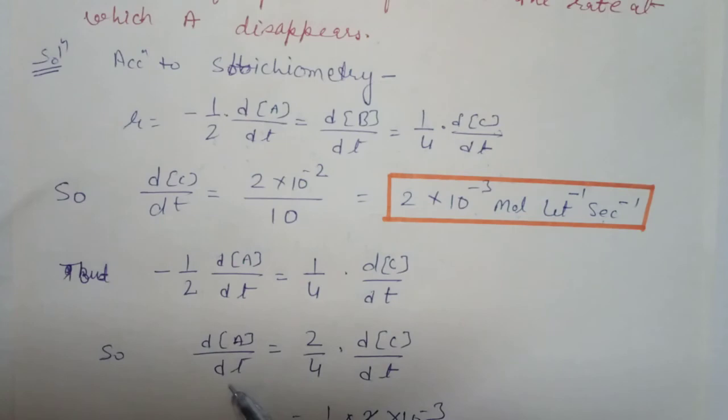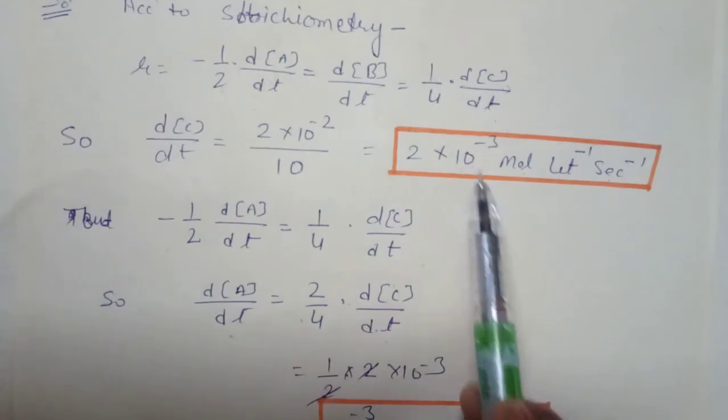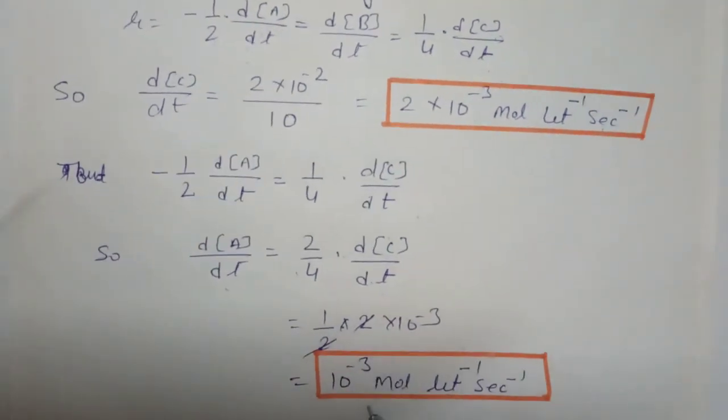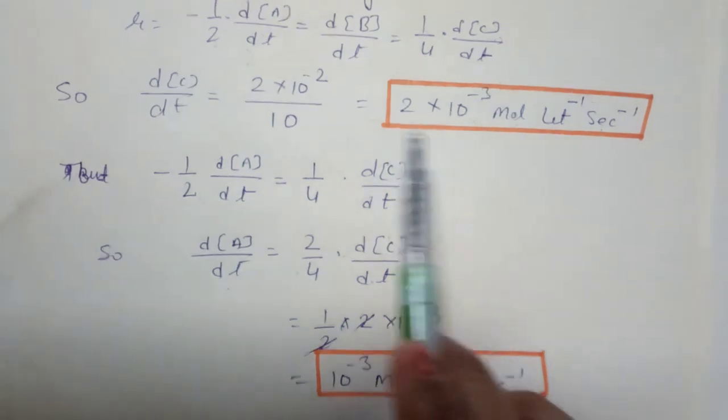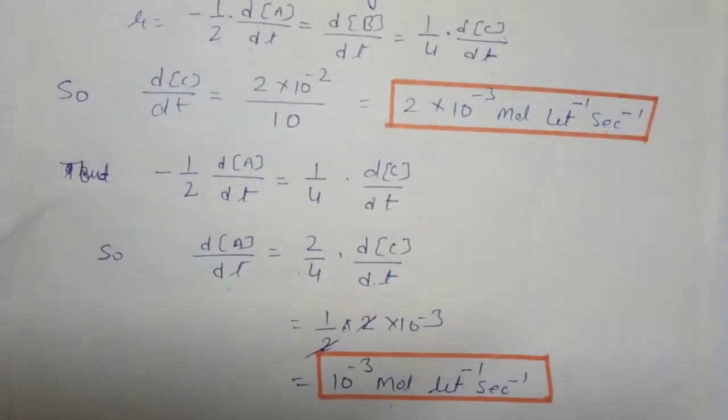Or we can say dA/dt is equal to 2 upon 4 into dC/dt. 2 upon 4 means 1 upon 2, and dC/dt is 2 into 10 to the power minus 3. So the answer will be 10 to the power minus 3 moles per liter per second. This is the rate at which C is formed and this is the rate at which A disappears.